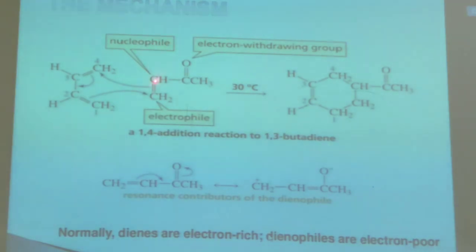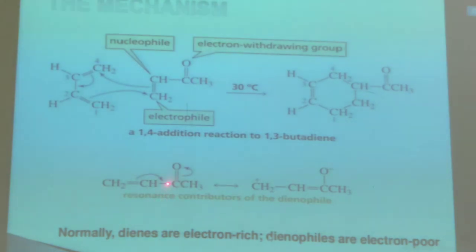Ultimately the electron rich carbon attaches itself to the electron deficient one, and the electron rich one attaches to the methylene, which is electron deficient. So your new cyclic compound will be formed, that is acetyl cyclohexene.